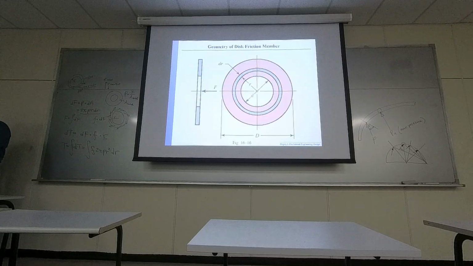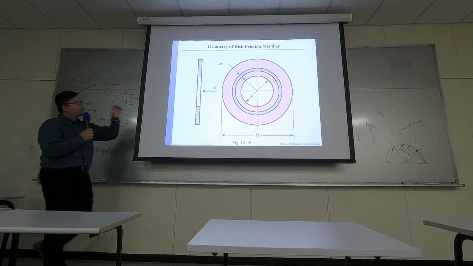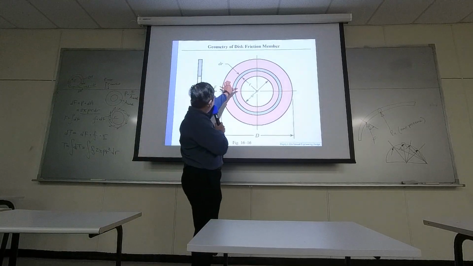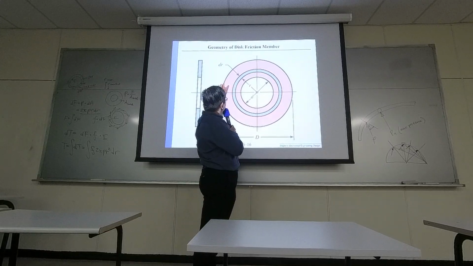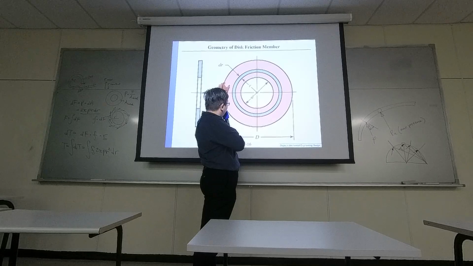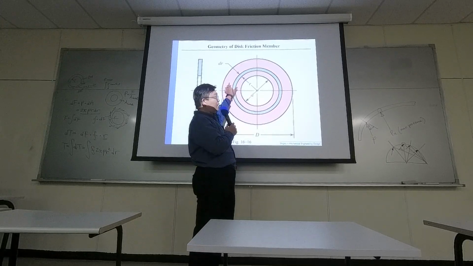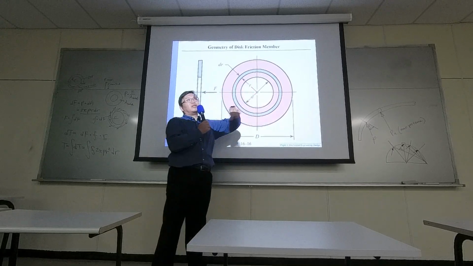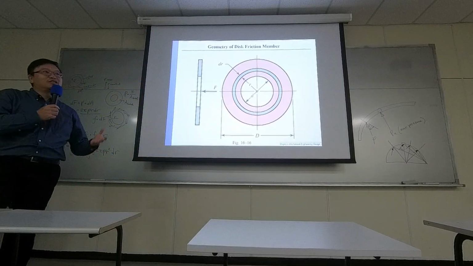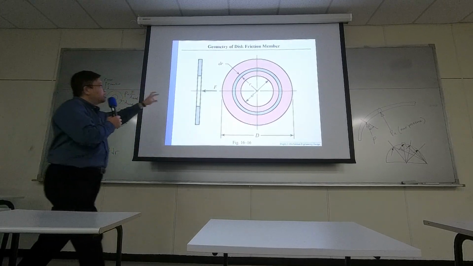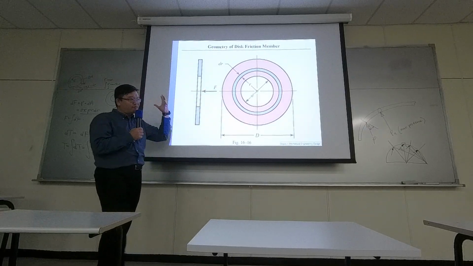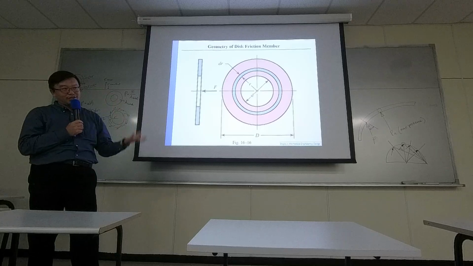So basically, if your ring is very thin, there's no big difference. So if your disc brake is having a very narrow distance between small d and capital D, both models are almost the same, which means the pressure inside the ring is almost the same, and the amount of wear is almost the same.